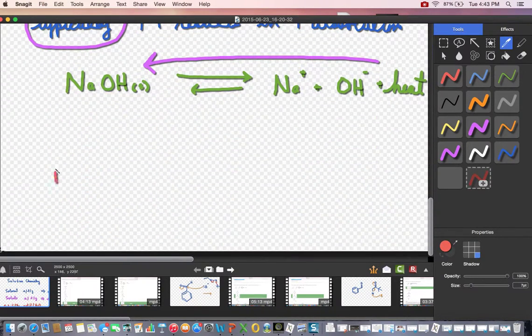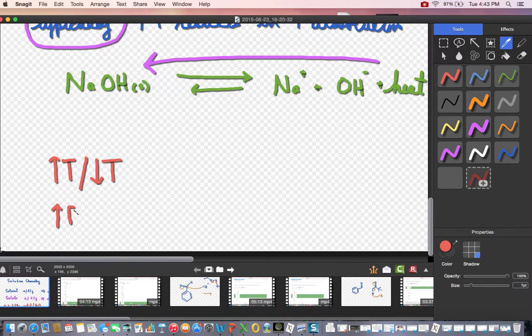So if I increase or decrease pressure, we've already seen that temperature, increasing it will usually increase solubility of a solid in a liquid. Decreasing it would have the opposite effect.